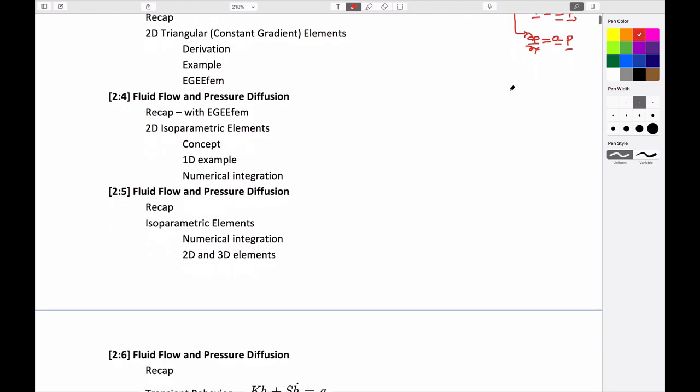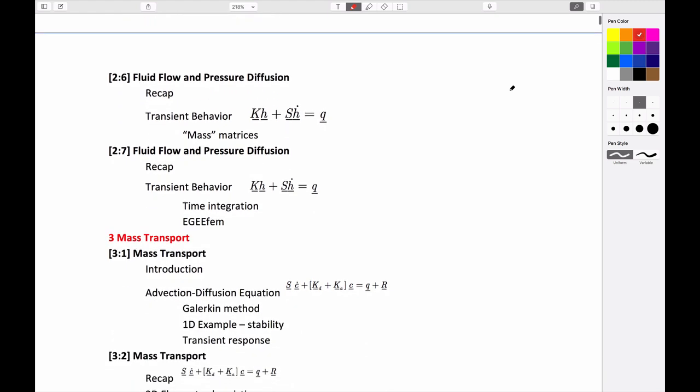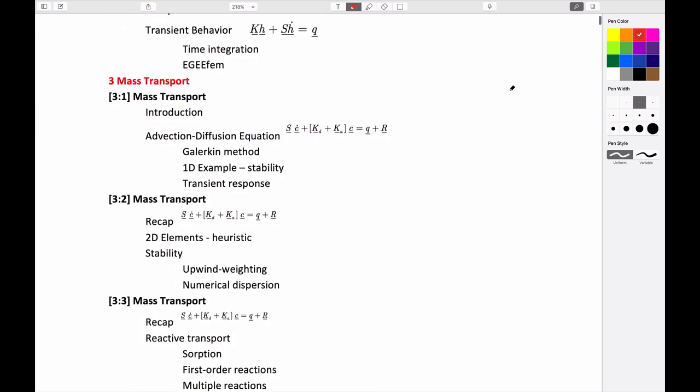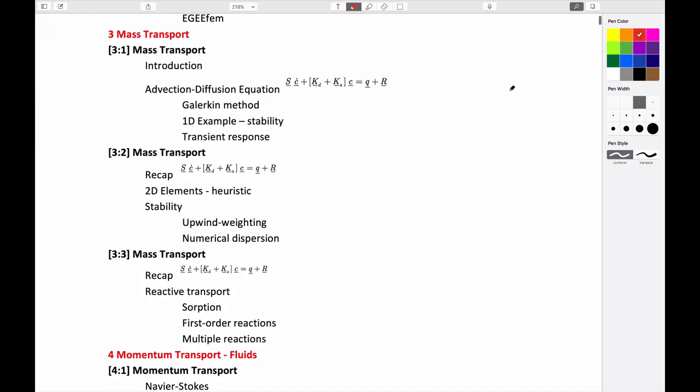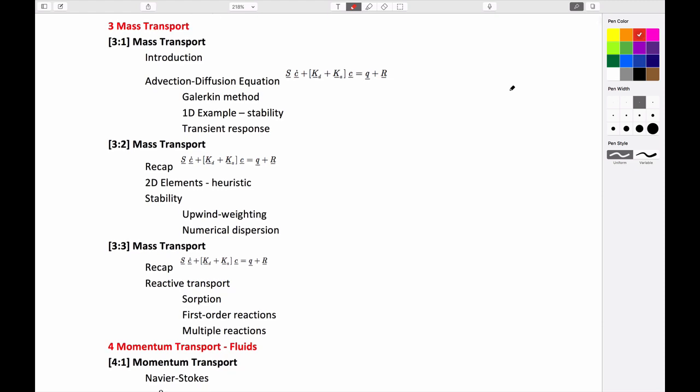If we looked at transport problems, either in terms of dissolved components as mass transport or as in thermal transport, then we typically had an extra term to deal with.